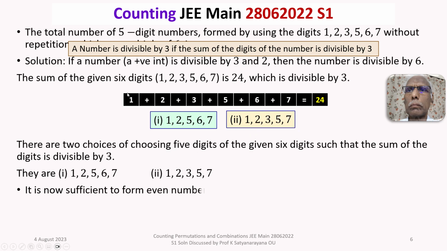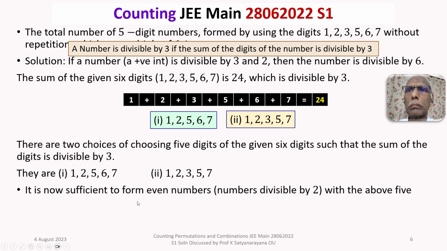Now we have to form a 5-digit number using these digits without repetition and which is divisible by 6. The divisibility by 3 we have already tested and we got these two choices. Now go for the divisibility of 2.